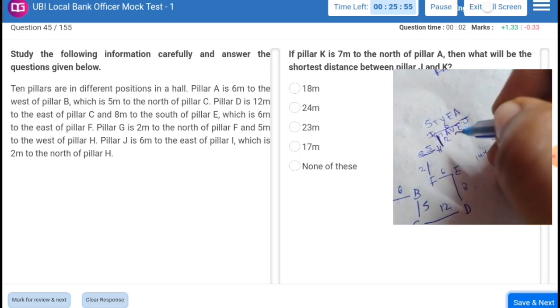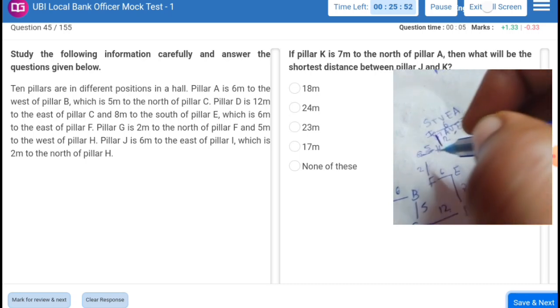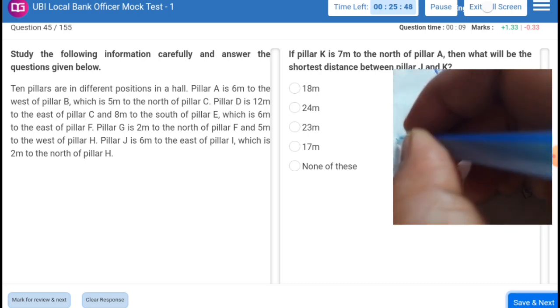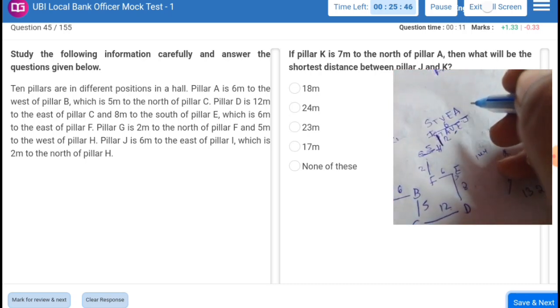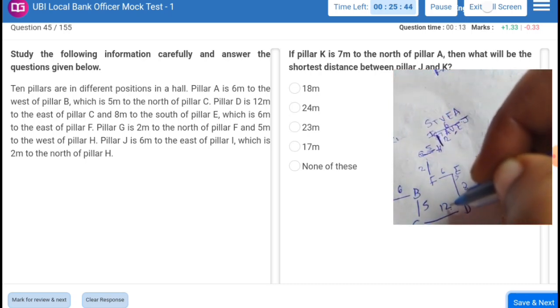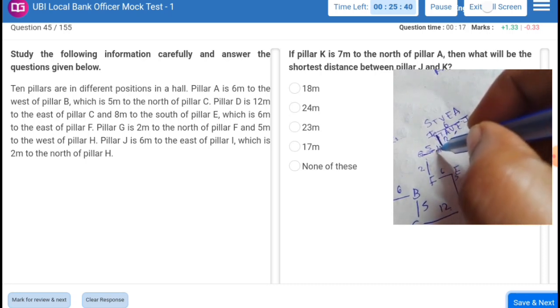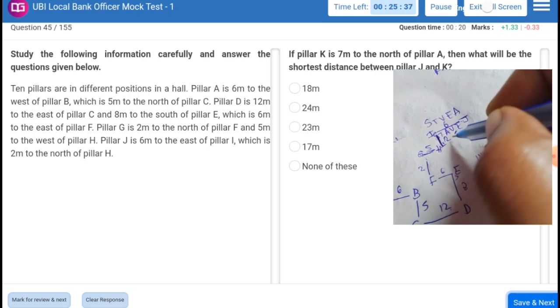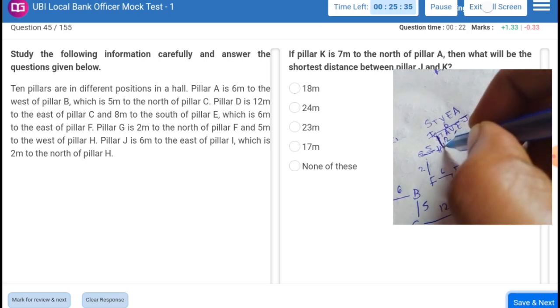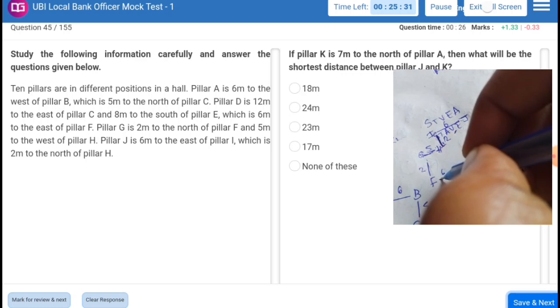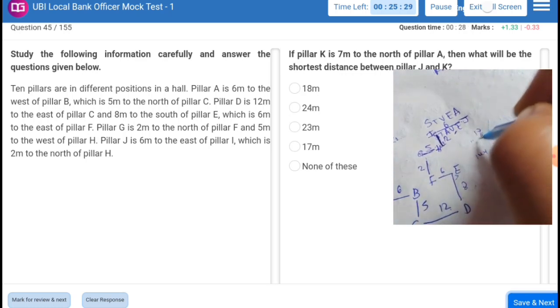K is 7 meters north of A. J and the K. Six, 11, 17, 23.